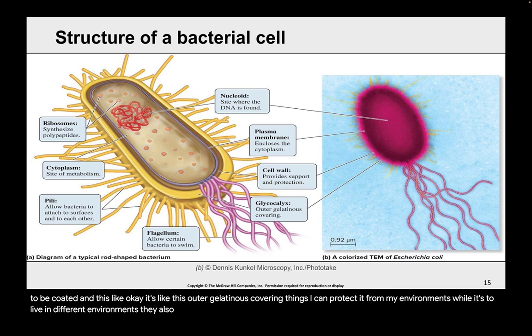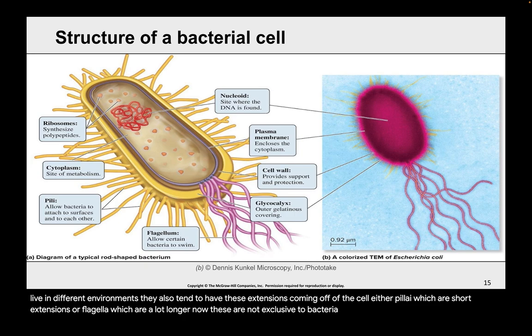They also tend to have these extensions coming off of the cell, either pili, which are short extensions, or flagella, which are a lot longer. Now, these are not exclusive to bacteria cells, but bacteria cells tend to have these more often than not.